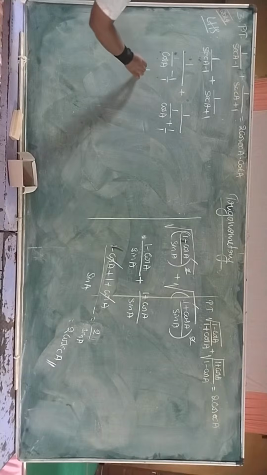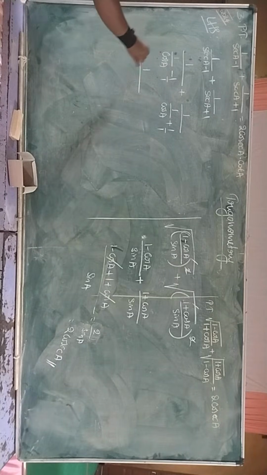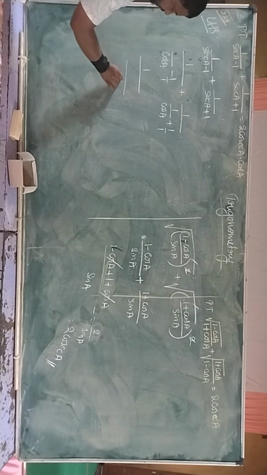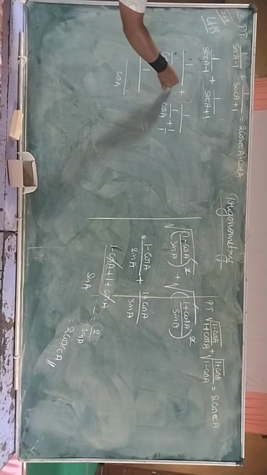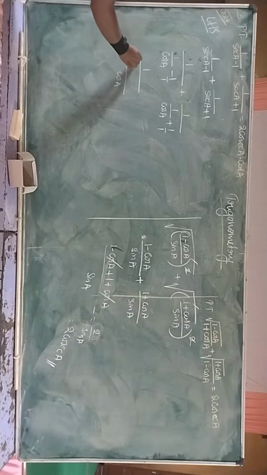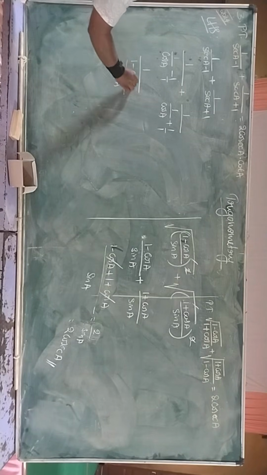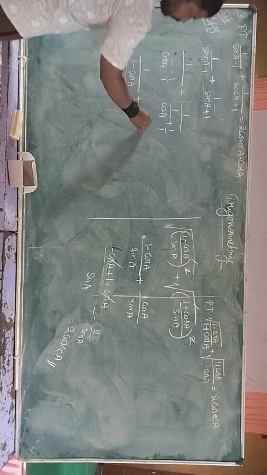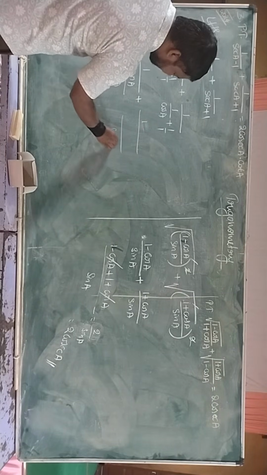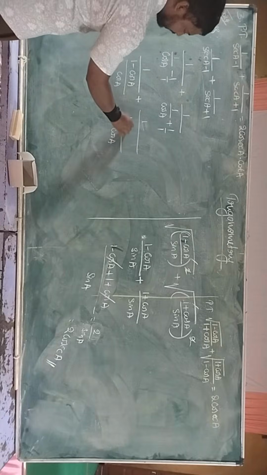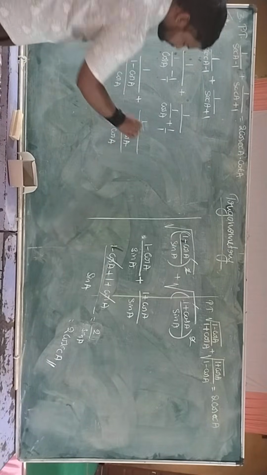Numerator 1 write as it is, and in the denominator the LCM is cos. Here already cos is there, but here cos is not there, so we need to multiply with cos. 1 minus cos A plus 1 whole divided by, again the LCM is cos A, 1 into 1, 1, cos A plus 1, cos A.